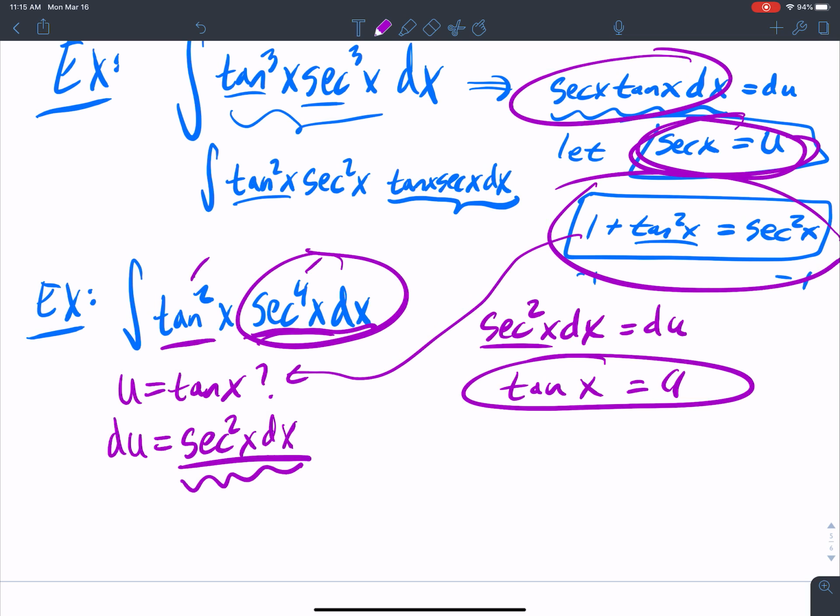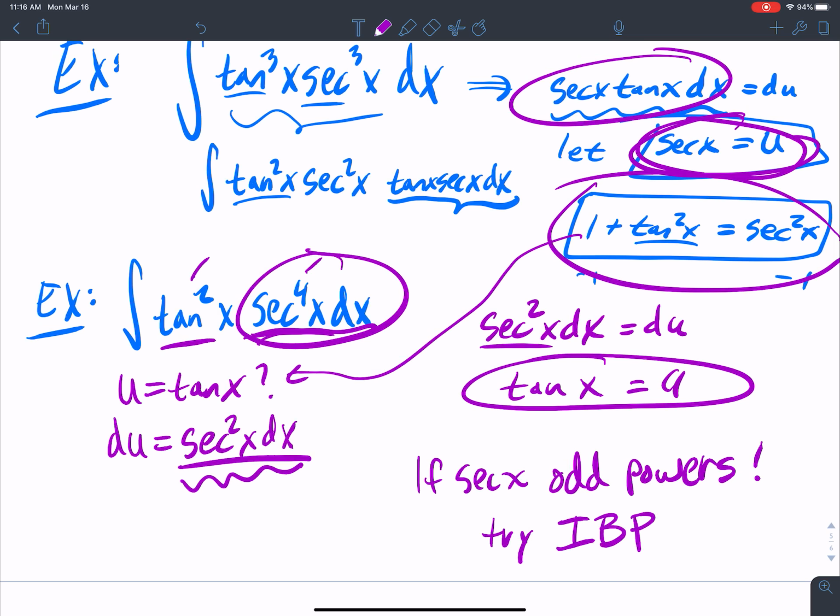Now, if those don't work, but you have a secant that's odd powers, try integration by parts. I told you about that secant cubed x dx, that nightmare of a problem. Try integration by parts, and that will definitely help you out.